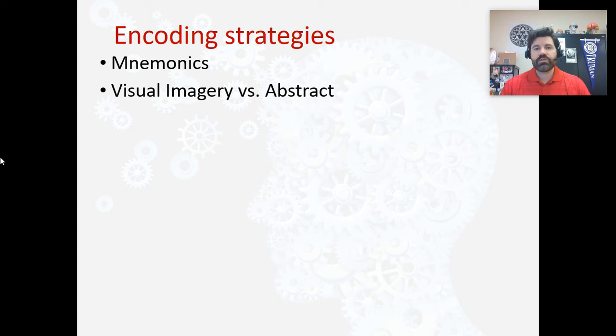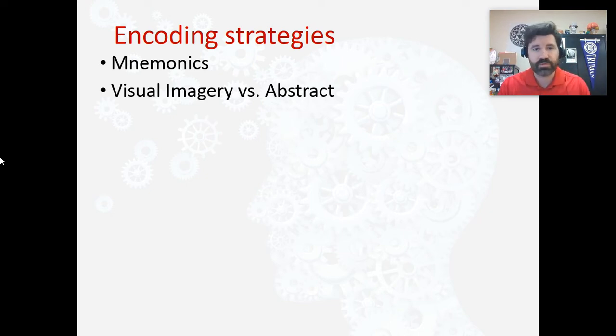It's a lot easier to encode things that are visual as opposed to encoding things that are abstract. And so if you can create some kind of image in your mind, that's going to help you as well. So a lot of times in class, and you'll hear me say this, especially in things like biopsych, I'll say, okay, picture this. Imagine it looking like this, right?